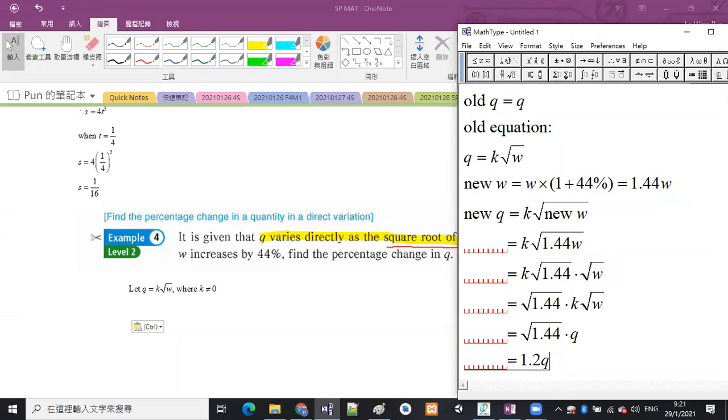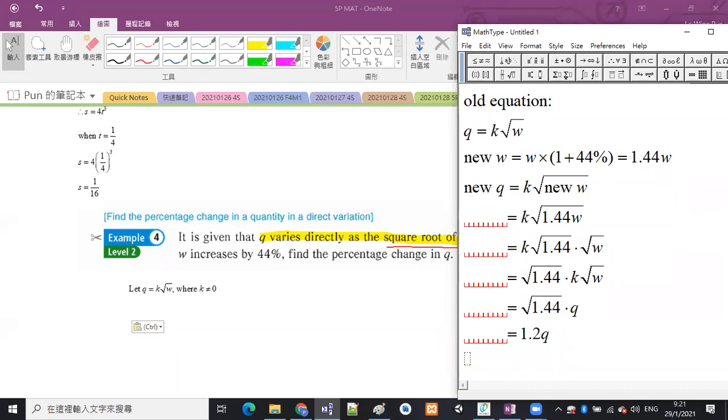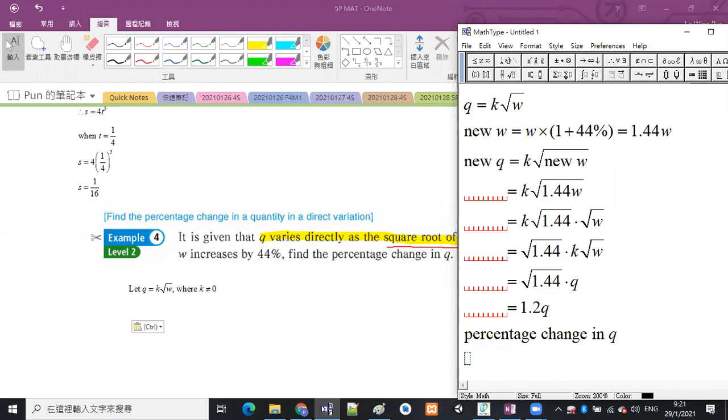好啦，跟住佢要揾乜嘢啊？Percentage change in Q。Percentage change. What is the formula of percentage change? It is new minus old divided by old times 100%, right?